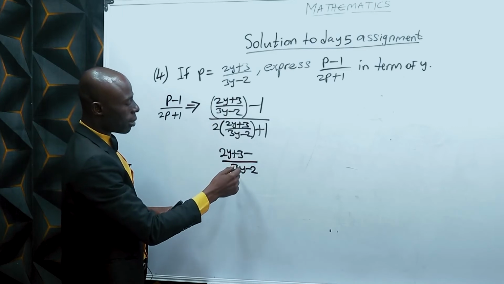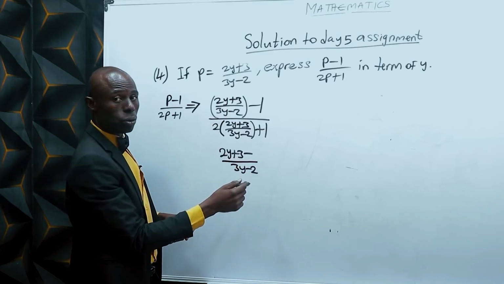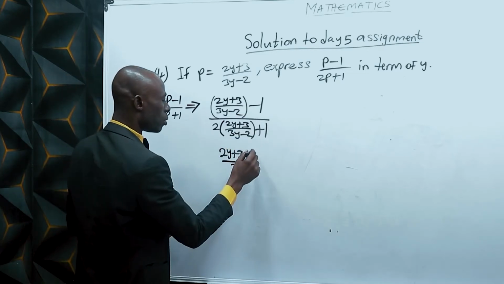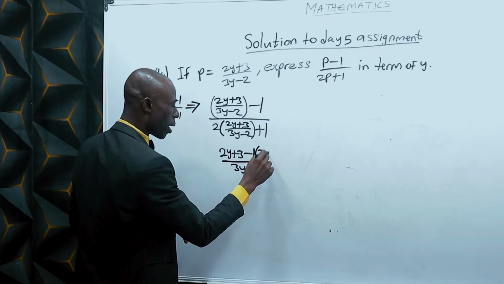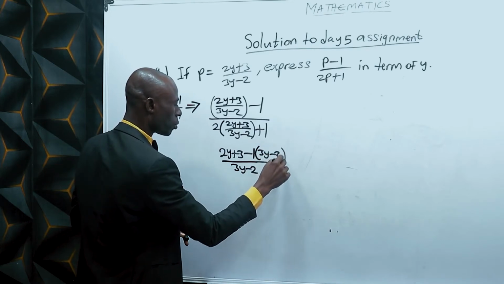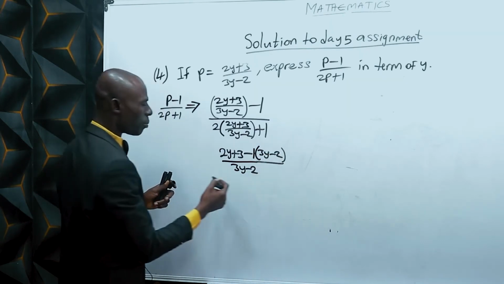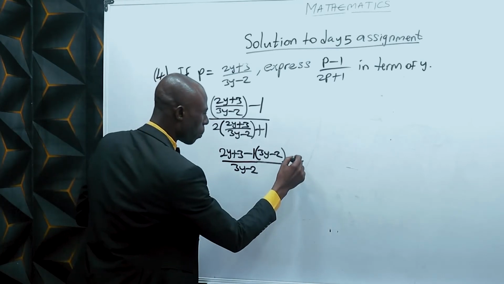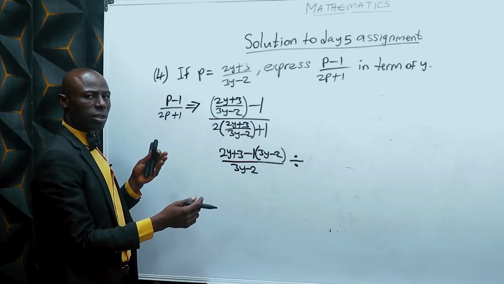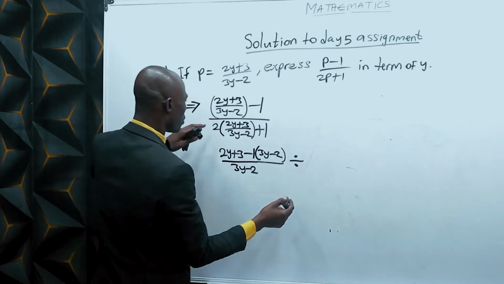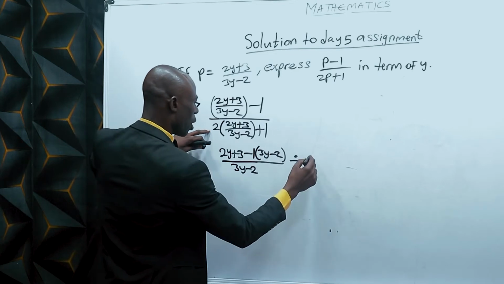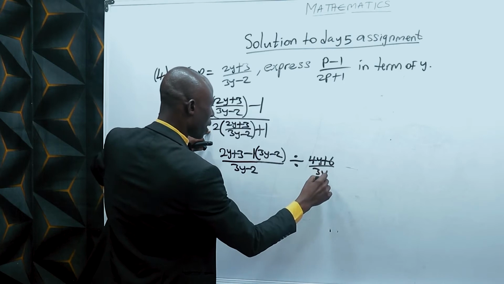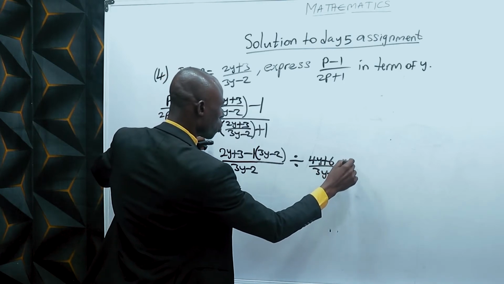That 1 in 3y minus 2 gives 3y minus 2. 3y minus 2 times the 1, you write 1 into 3y minus 2. Instead of drawing the division line again, you can come to the side of it, use it as a division symbol, and open this bracket. You have 4y plus 6 over 3y minus 2 plus 1.